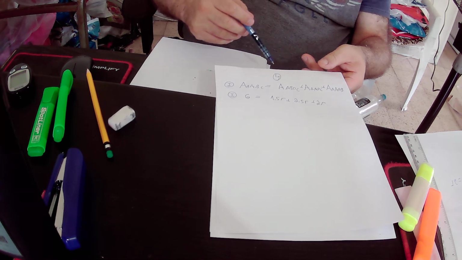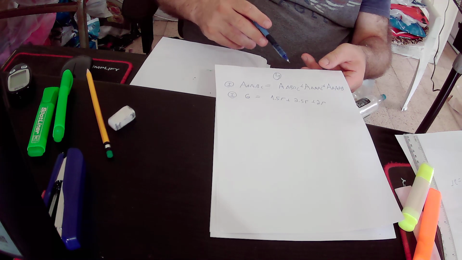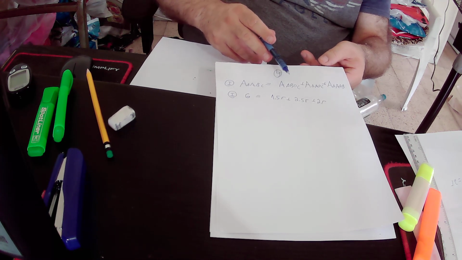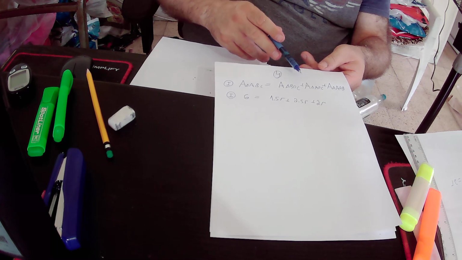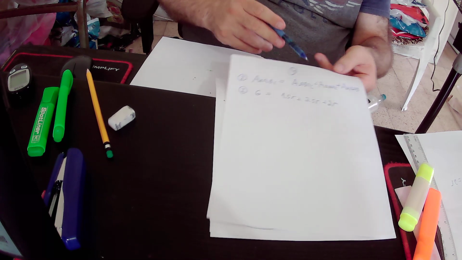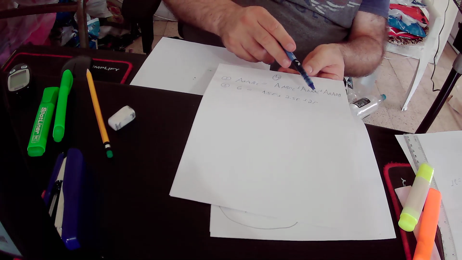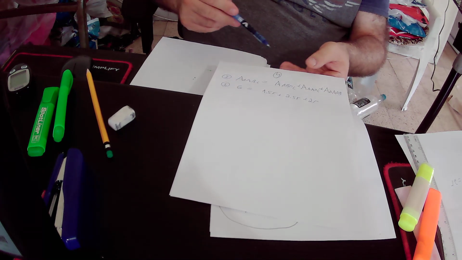And we have already calculated the area of the green triangle, that is 1.5 times the radius, plus the area of the yellow triangle, that is 2.5 times the radius, plus the area of the orange triangle, that equals 2 times the radius.